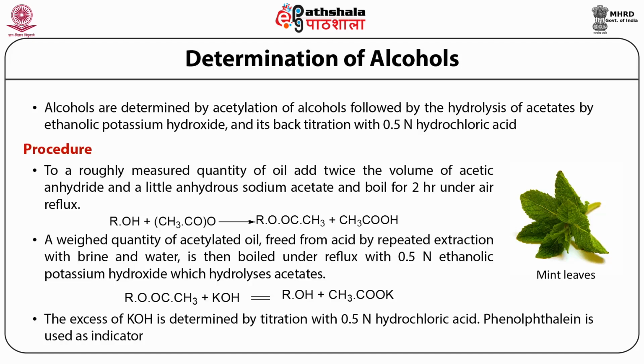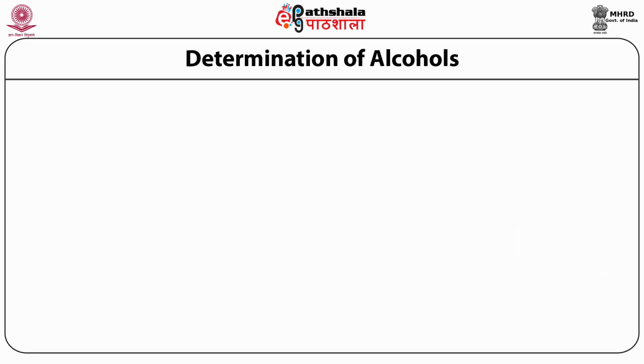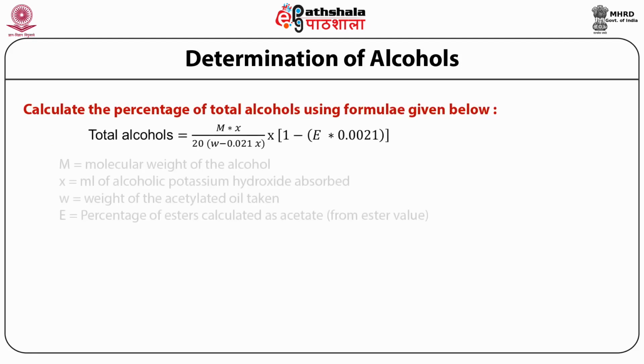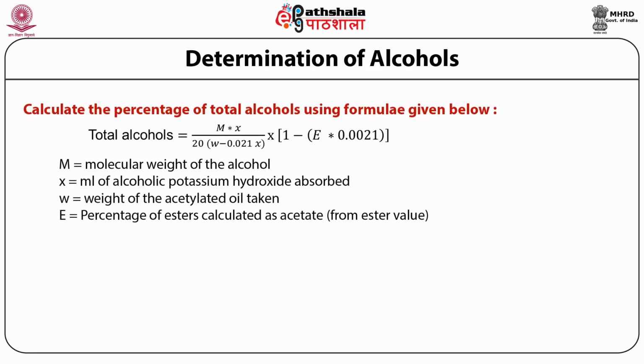In this titration, phenolphthalein is used as an indicator. The total alcohol content is determined using the formula where M represents the molecular weight of the alcohol, X is the milliliters of alcoholic potassium hydroxide absorbed, W is the weight of the acetylated oil taken, and E is the percentage of ester calculated as acetate.